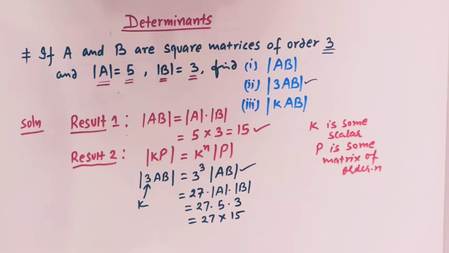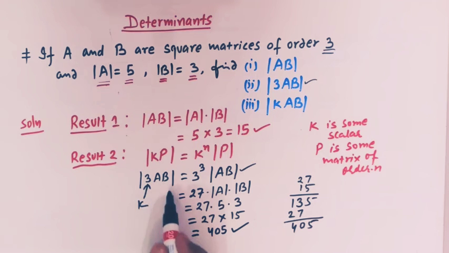The product of 27 and 15 is 405. So the value of the determinant of 3 times AB is 405.